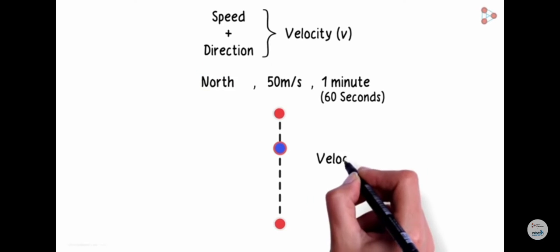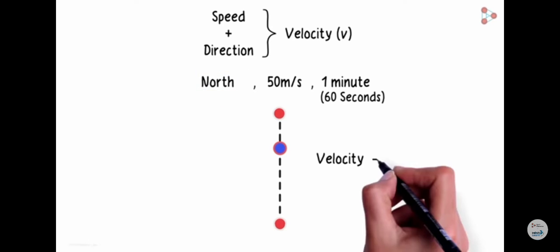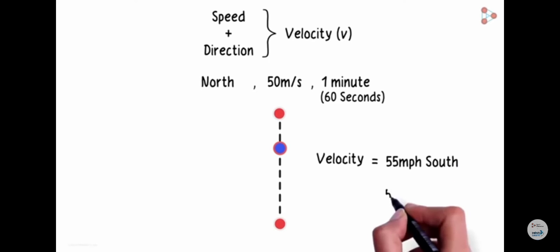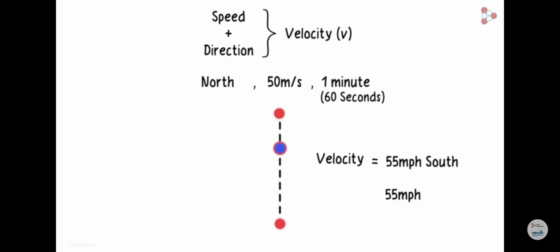As such, velocity is direction aware. So when you mention velocity, you must keep track of direction. Something like the car moved south at 55 miles per hour. If you do not mention the direction and just say the car moved at 55 miles per hour, you're not stating the velocity anymore. What you are stating is the speed.